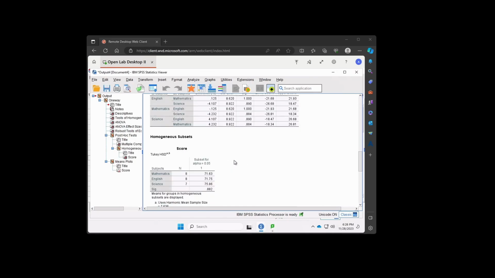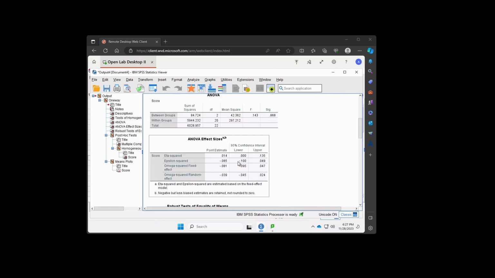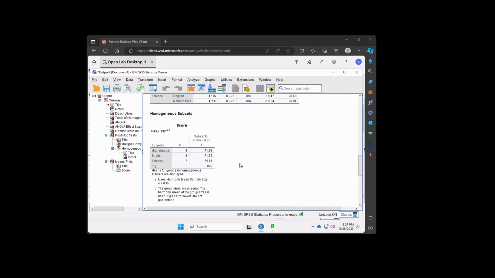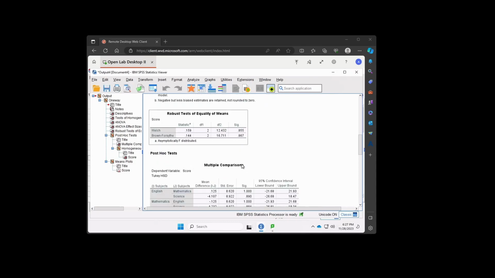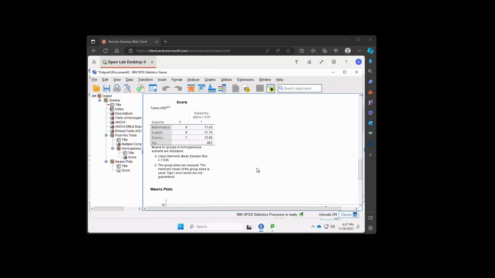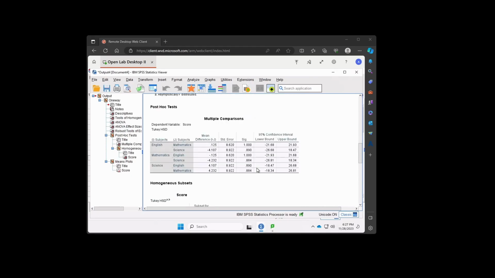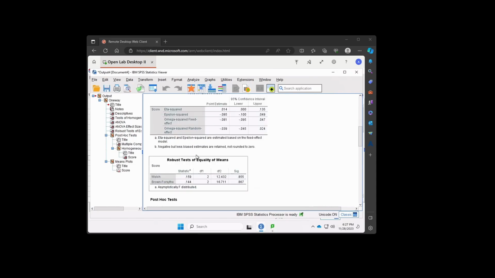And since we have our homogeneity of variance test right here, we don't have to worry about the robust tests of equality of means.